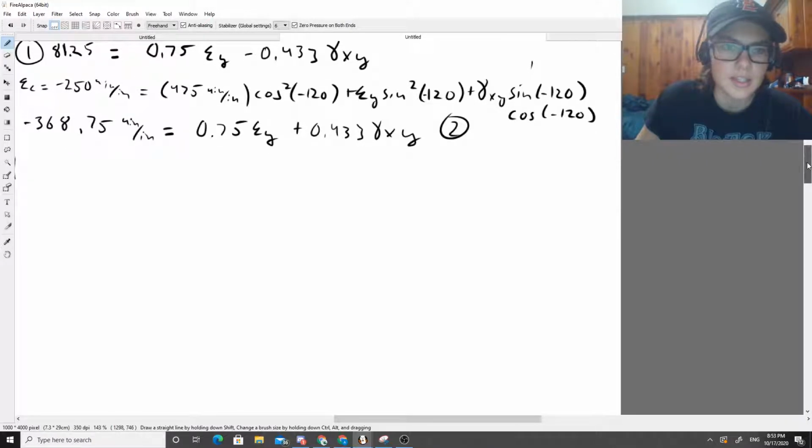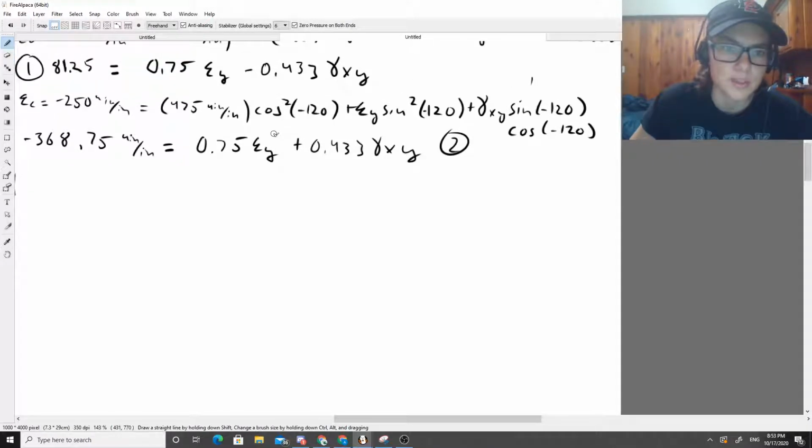Cool. Okay, so now we just have to substitute and solve. So I'm going to take this second equation and solve for strain y. I'm going to put negative 368.75. And I'm not going to write out the units, but everything is in micro. Minus 0.433 gamma xy is equal to 0.75 strain y.